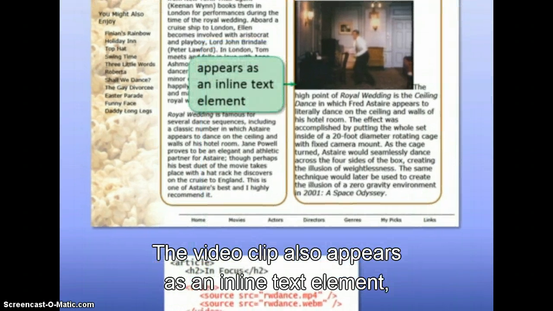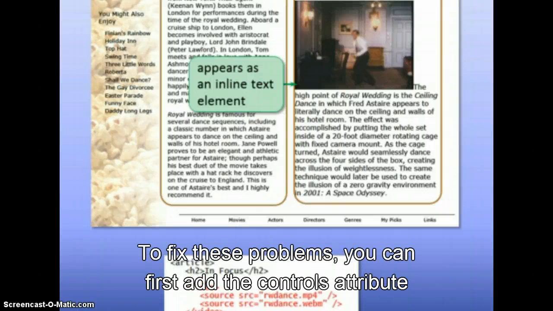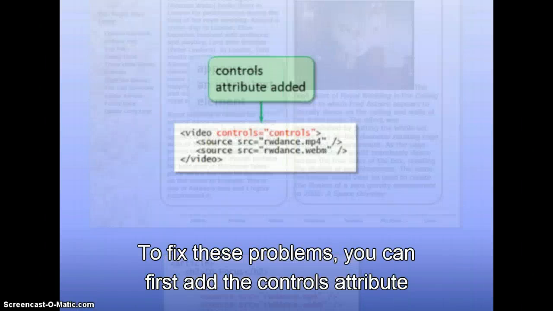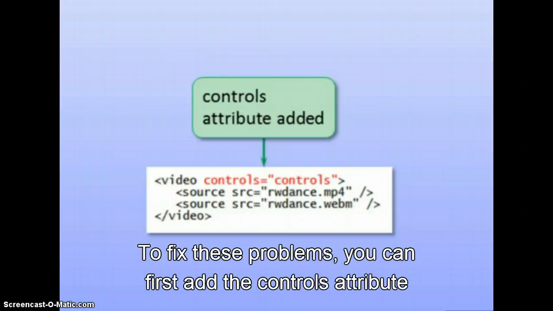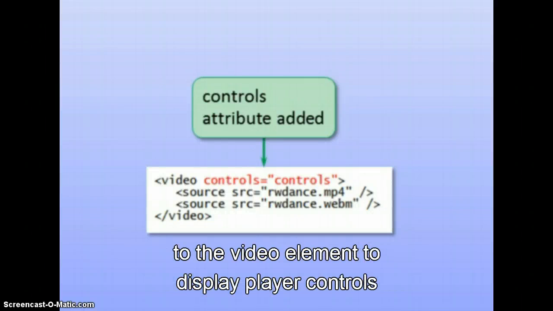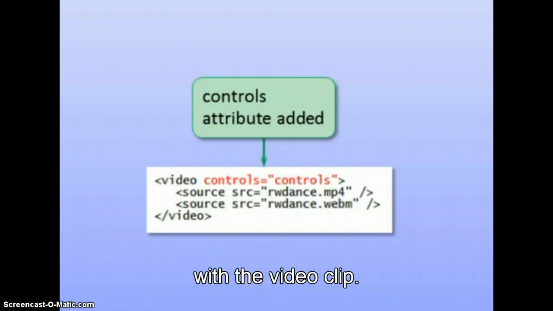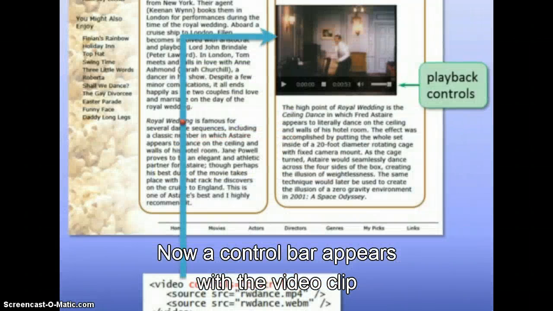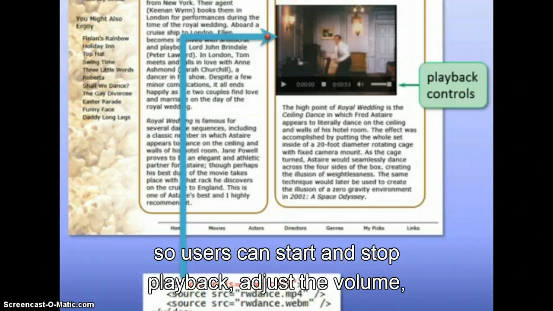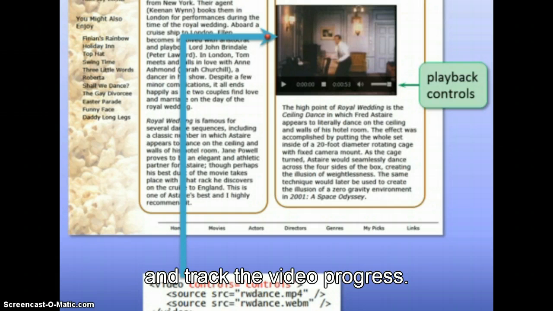The video clip also appears as an inline text element, not as a block element. To fix these problems, you can first add the controls attribute to the video element to display player controls with the video clip. Now a control bar appears with the video clip, so users can start and stop playback, adjust the volume, and track the video progress.